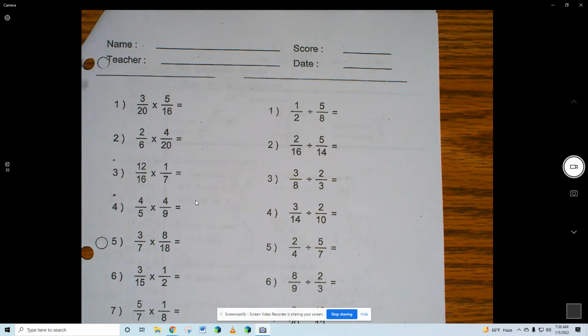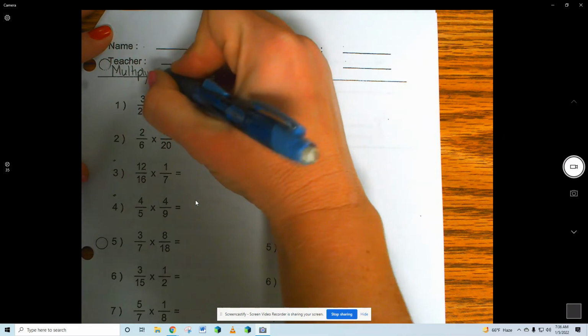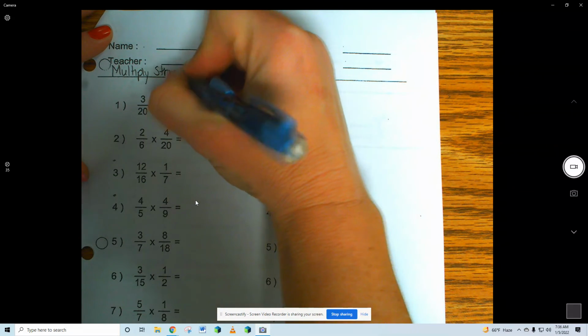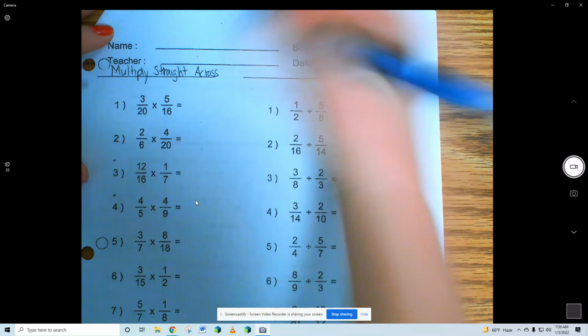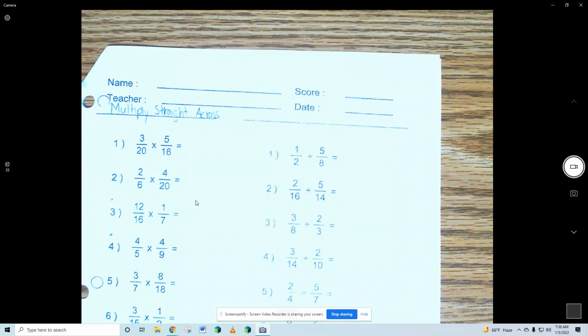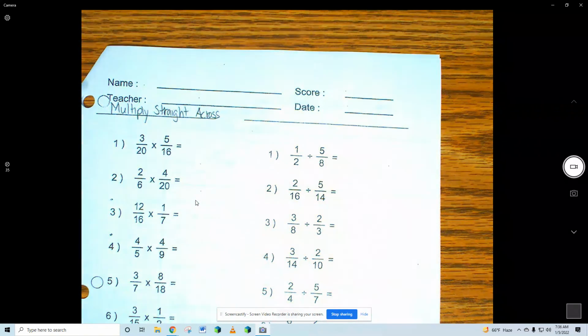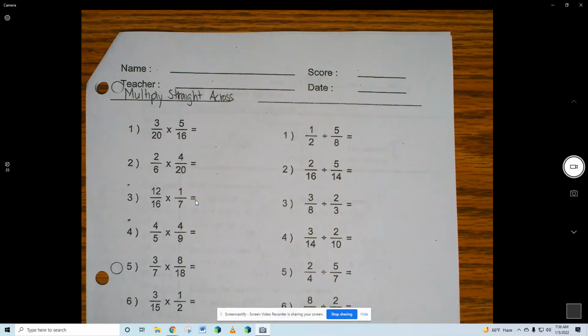The rules for multiplying are multiply straight across. Sorry. These are going to be really large numbers. I can cross simplify if I want.